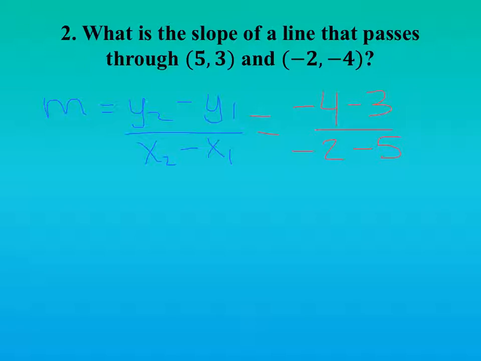So negative 4 minus 3 gives me negative 7. Negative 2 minus 5 also gives me negative 7. A negative 7 divided by negative 7 is going to be a positive 1. So that's all you had to do because all they wanted to do was find the slope.